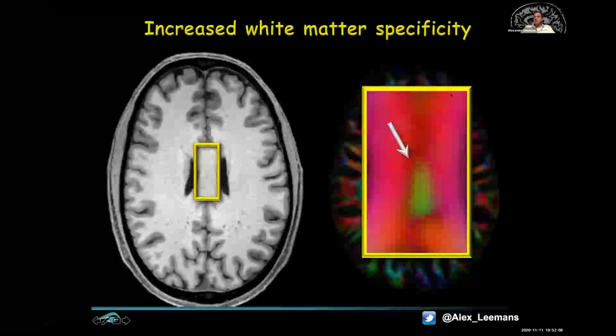Red means left, right. This is the corpus callosum connecting both hemispheres. It goes left, right. So red is what you expect, but you don't expect a green thing, right? So this diffusion imaging technique provides more specific information about the white matter organization. And not just in healthy controls, but also in pathology, this can be quite useful.